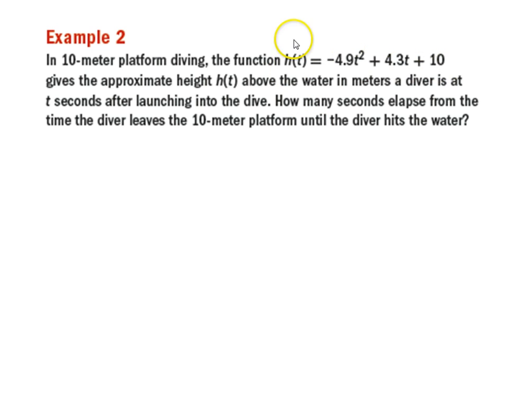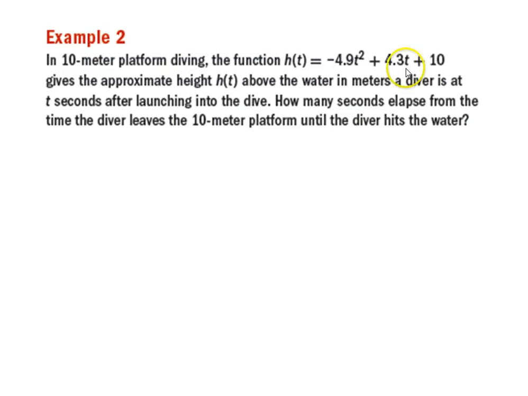So this function here represents how high a diver is in the air after jumping off the platform after t seconds. So if we say how high is the diver, we don't know how high the diver is unless we know how many seconds it's been since that diver has jumped off of the platform.